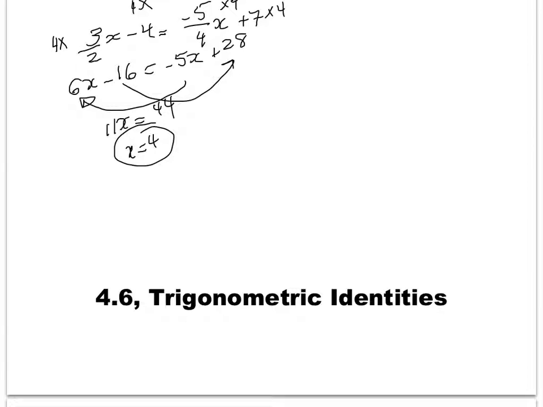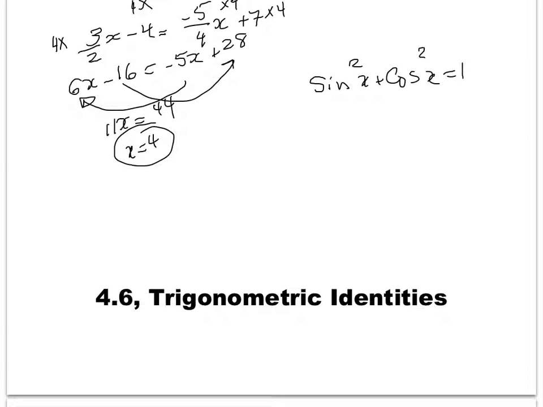I give you one example. For instance, I give you the following: sine squared x plus cos squared x is equal to 1. This is an equation in terms of variable x, which is unknown.